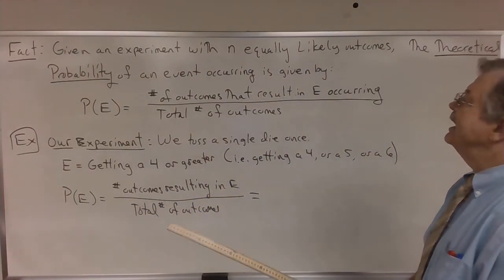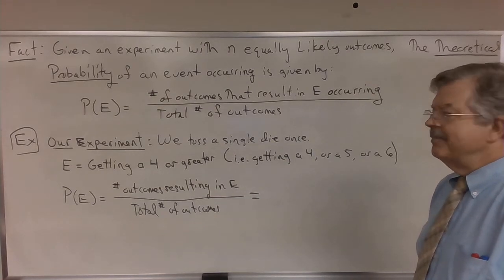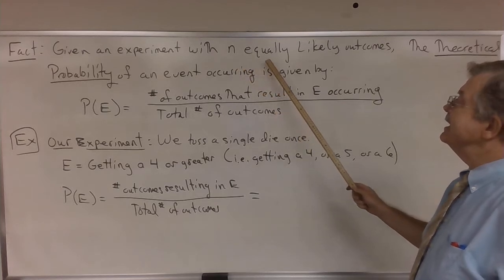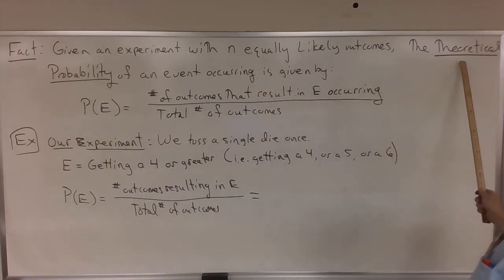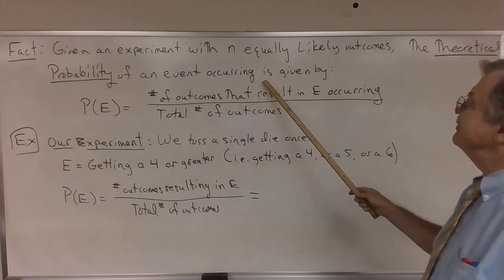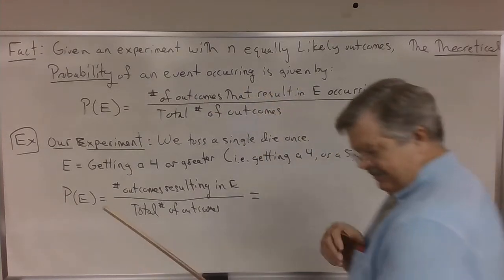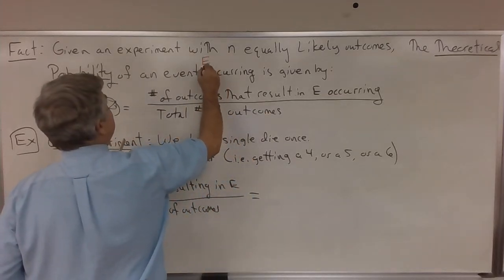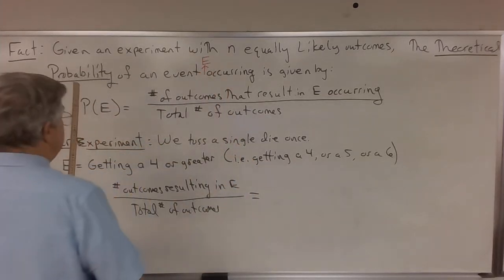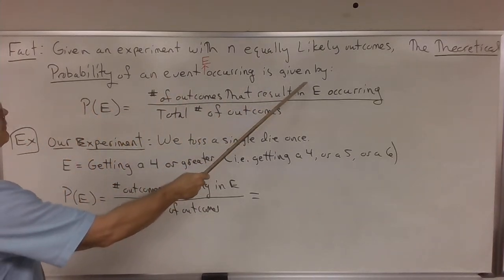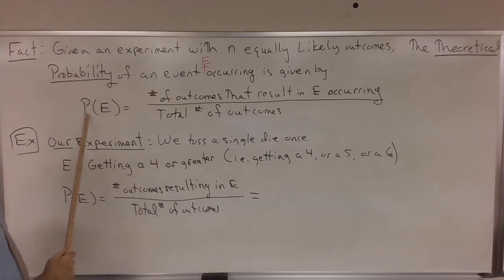Okay, here's why equally likely outcomes matter. Given an experiment with n equally likely outcomes, the theoretical probability of an event occurring, an event which we're going to call E, is given by the probability that E occurs.